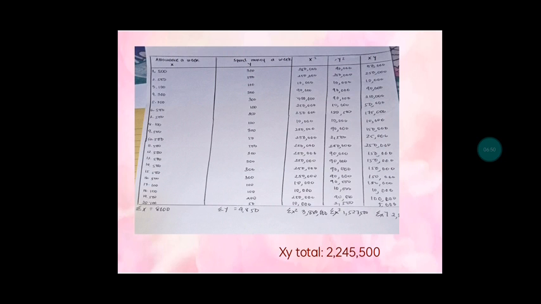Then 500 times 500 is equal to 250,000. Then sa 12, 500 times 300 is 150,000 hanggang 16. Then sa 17, 100 times 100 is equal to 10,000, and again 10,000. Then 500 times 200 is equal to 100,000. And the last is 100 times 50 is 500. So the total of XY is 2,245,000.